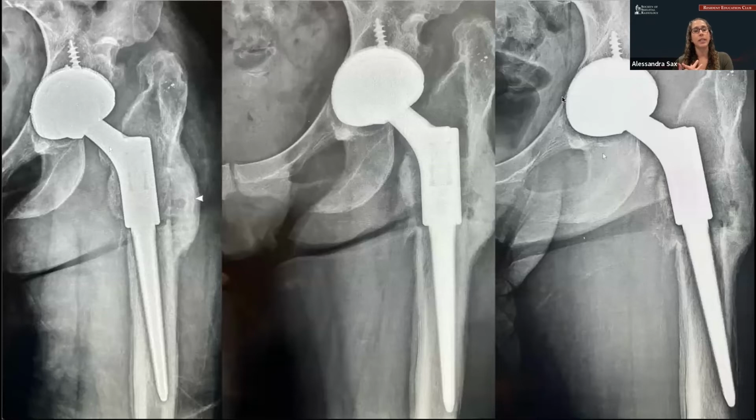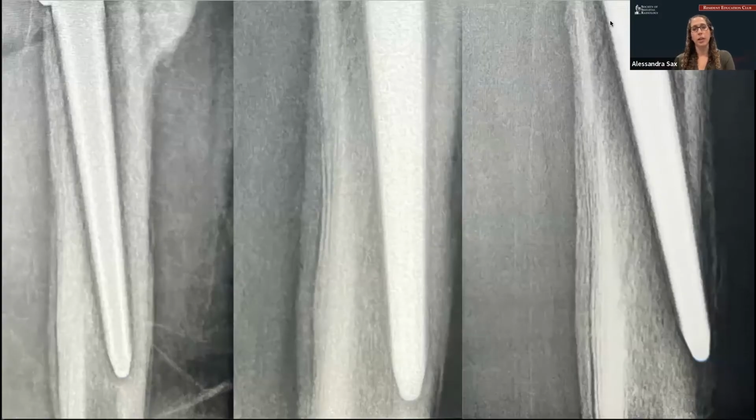All right, this next case here is going to be serial images of a patient who had undergone hip replacement, and these are occurring over a period of 4 months. Give you a moment to just look at those. Then I just have a little close up here of the stem.